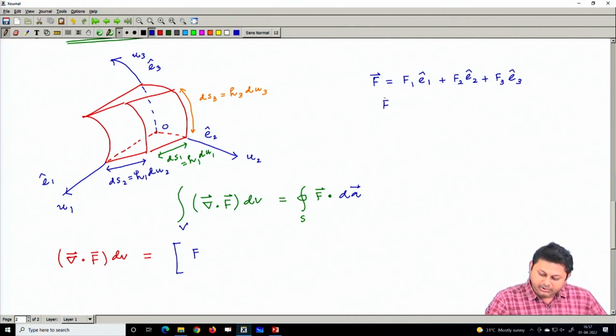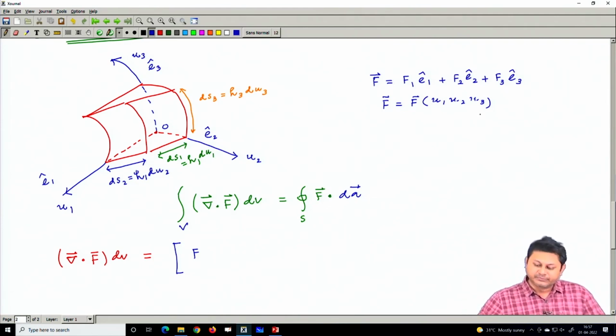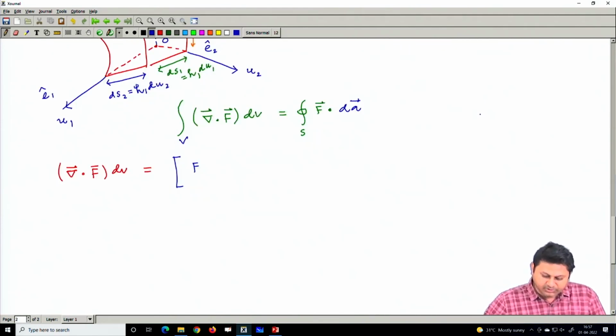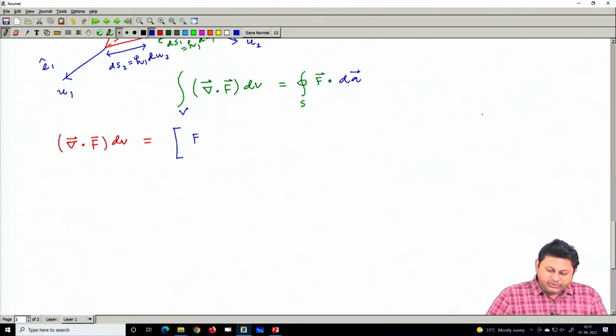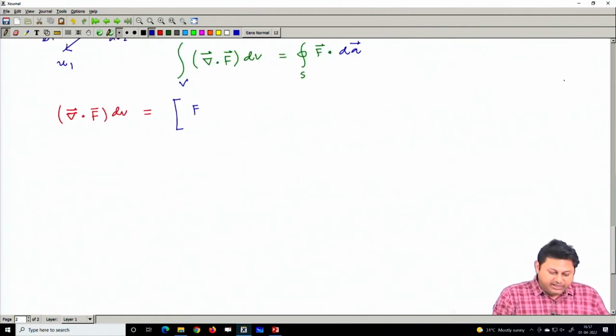F is a function of the generalized coordinates here, whatever u1, u2, u3. It may be xyz, it may be rho phi z, it may be r theta phi. Okay? I am just writing in a generalized way.